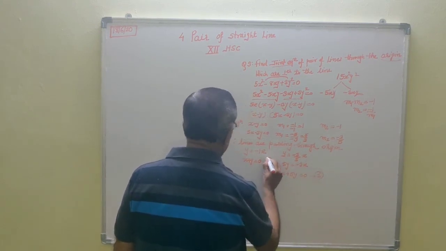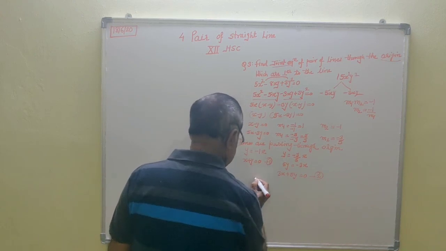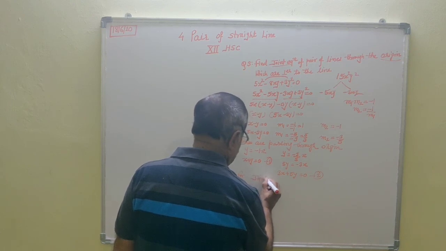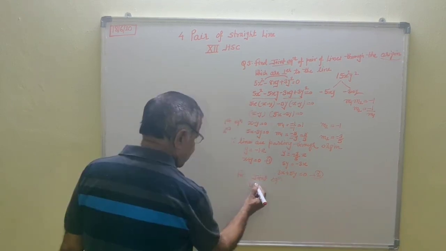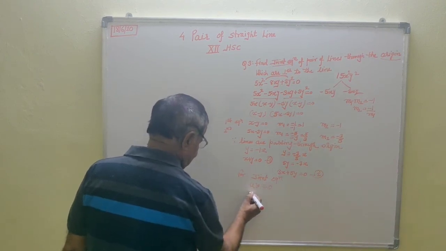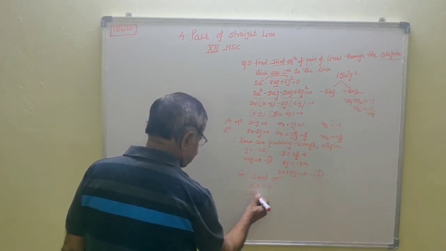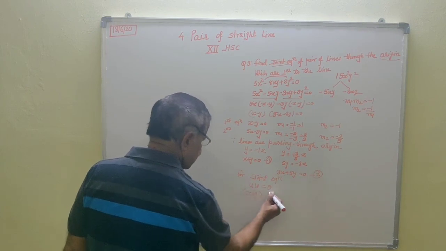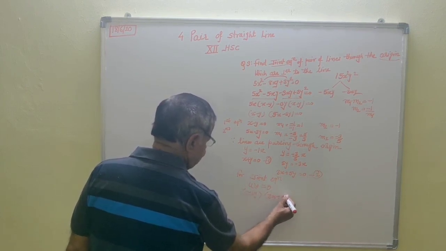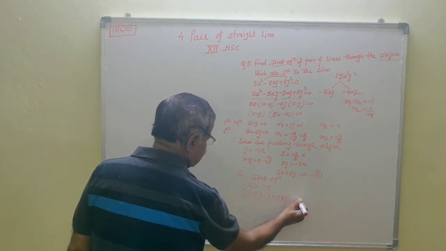Now I want to find the joint equation. For the joint equation, what I will do? Multiply these two equations: x plus y into 3x plus 5y is equal to 0.